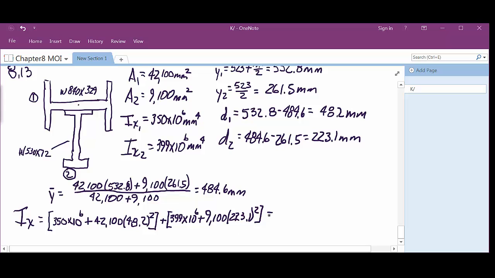And then we end up with 1.33, or it might be 1.34 times 10 to the 9th millimeters to the 4th. And that's all I ask you to do on this one.